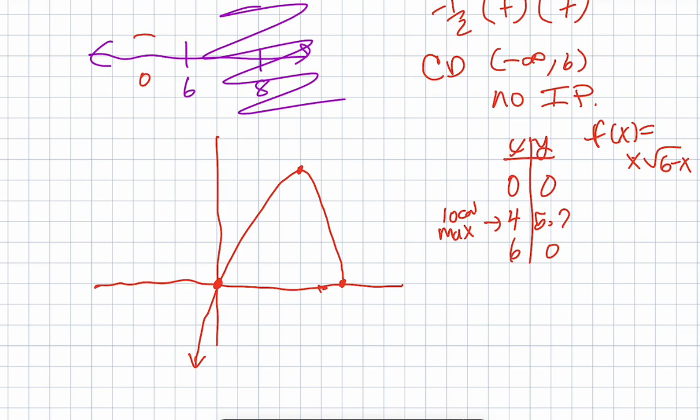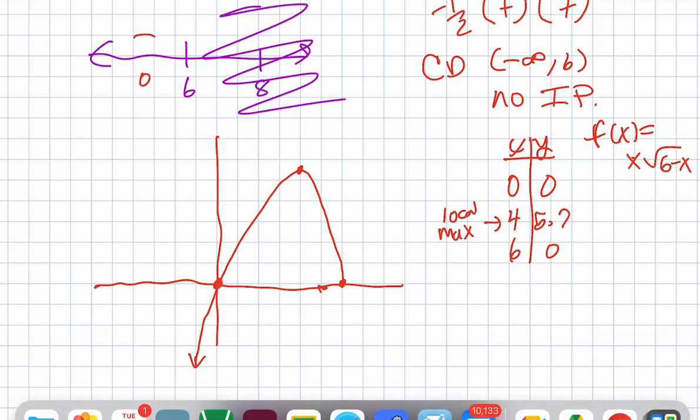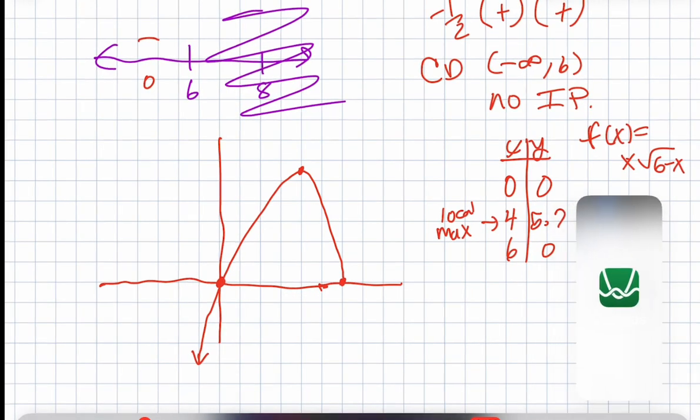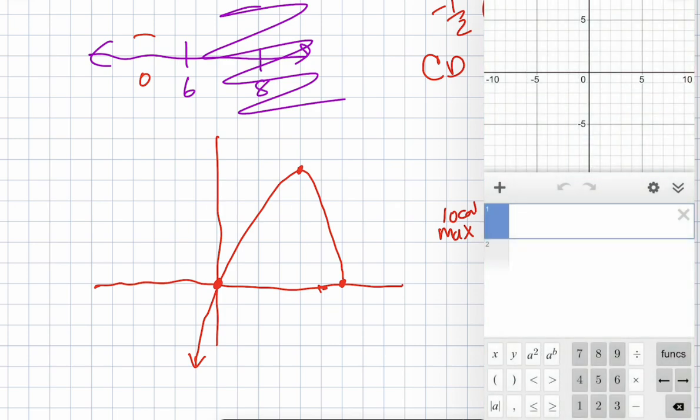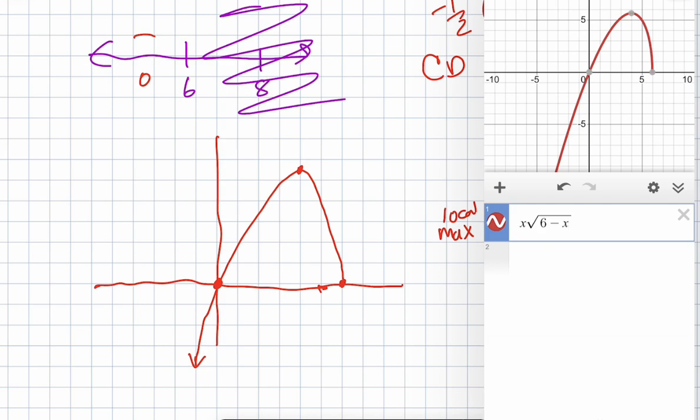The more points you plug in, the more accurate you're going to be. And then you can check in Desmos that your graph is doing what you think it's doing. You can see we have a point at 6, a maximum at 5.7, and we go through 0, 0.